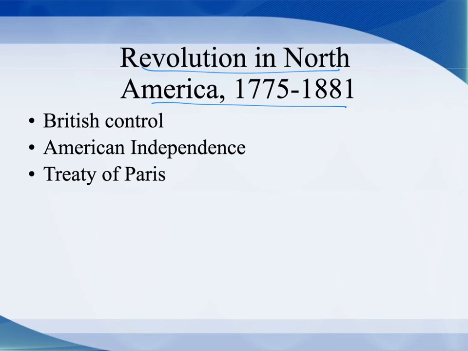Those, of course, include the freedom of religion, the right to bear arms, due process of law, no quartering. In other words, soldiers can't knock on your door and force you to let them stay in your home. No unreasonable searches or seizures, no cruel and unusual punishment, things like that.